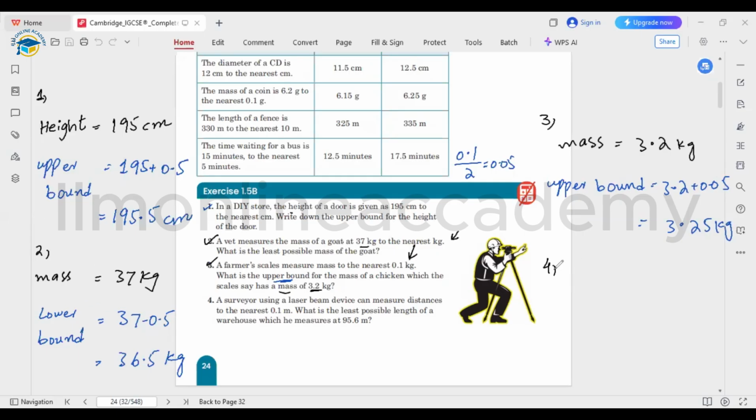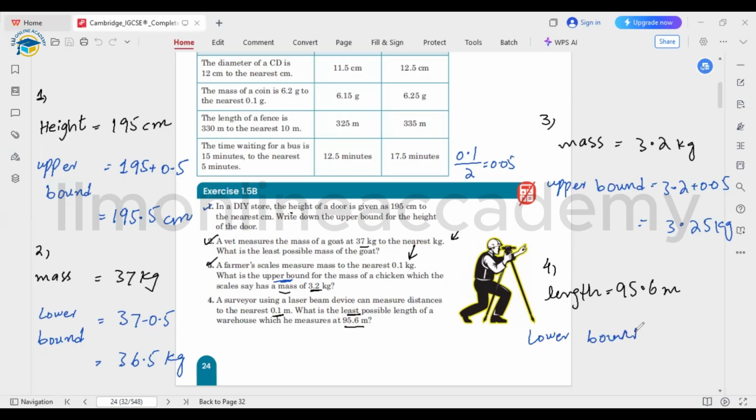Next, moving to part number 4, we have a surveyor using a laser beam device that can measure distance to the nearest 0.1 meter. Again, it is a similar unit to the one in part number 3. They're saying we need to find the least possible length of the warehouse. What they gave us is the length, 95.6 meters, and we need to find the lower bound.